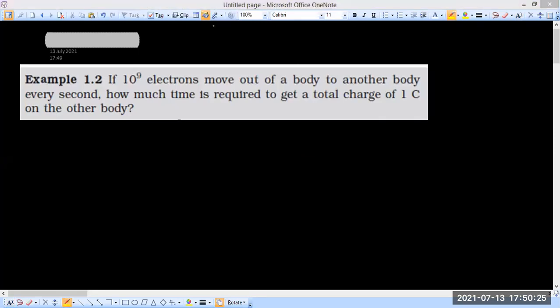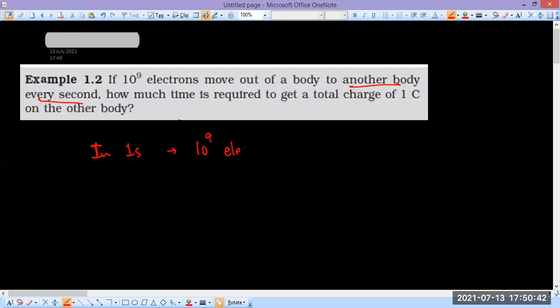Okay. So if 10 raised to 9 electrons move out of a body to another body in 1 second. So in 1 second, how many electrons go out? 10 raised to 9 electrons go out or move out. Then how much time is required to get a total charge of 1 coulomb on the other body?